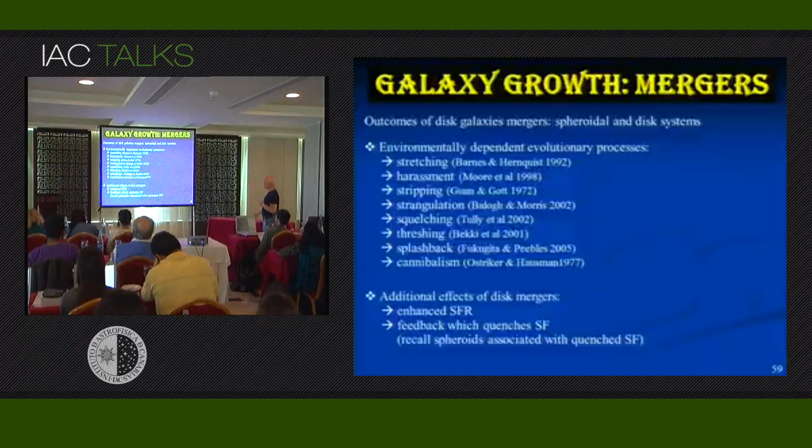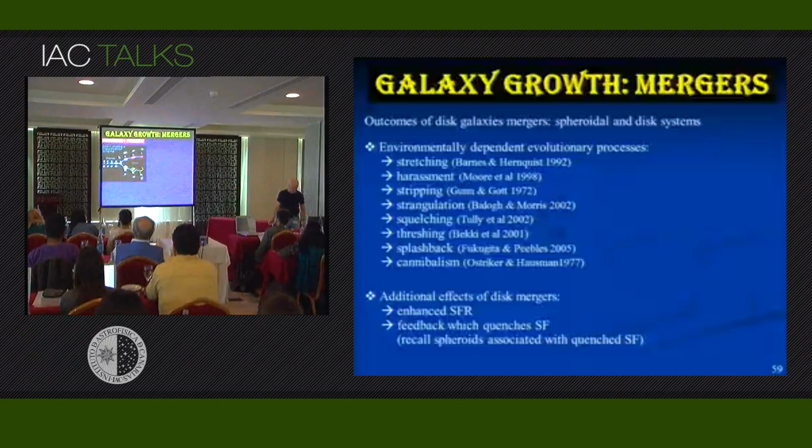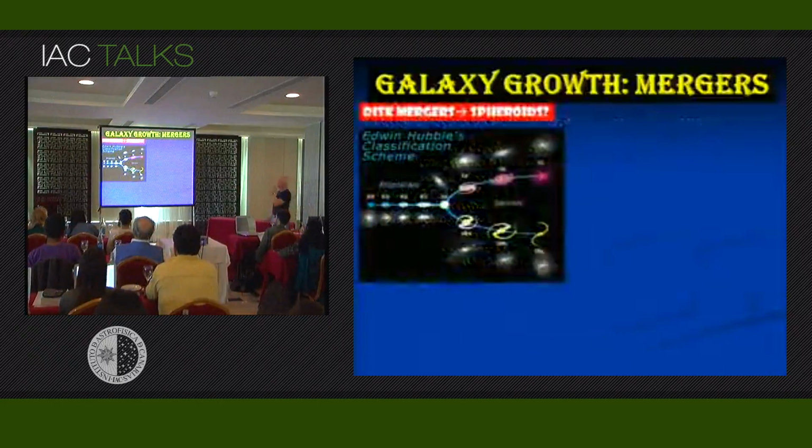I made a list, which I'm not going to go over, of all the possible environmentally dependent evolutionary processes that I'm supposed to discuss, but I will not do this, and also other additional effects of wet mergers.